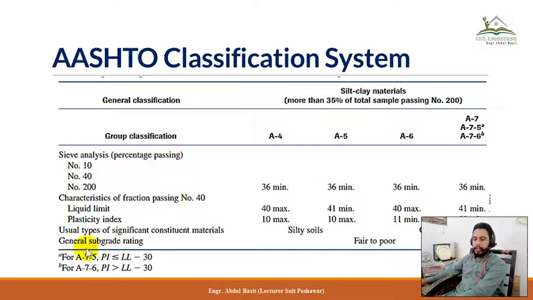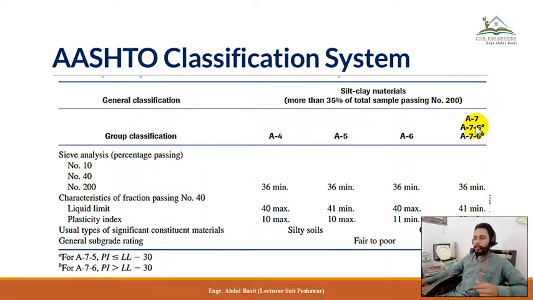These are the conditions for A7-5 and A7-6, both of which are in the A7 group. When the plasticity index is less than or equal to liquid limit minus 30, it is A7-5. Similarly, when the plasticity index is greater than liquid limit minus 30, it will be A7-6 group.